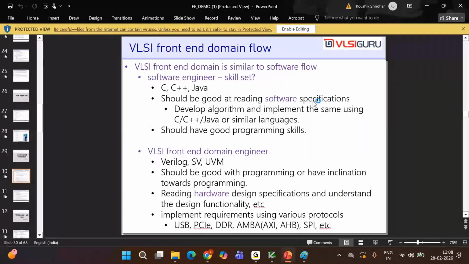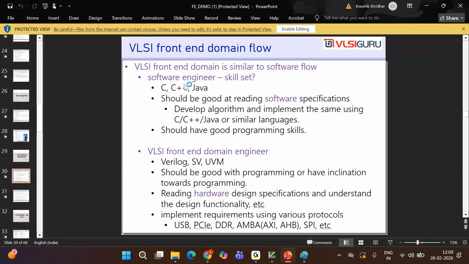Suppose they are going to launch some application; they should be able to read and understand that application specification. Once you read and understand, you will be able to develop the algorithm. In software, we call it an algorithm flow or flow chart. That algorithm flow tells you what steps are required to achieve a particular scenario. And developers use the algorithm and the C, C++, Java language to develop it.